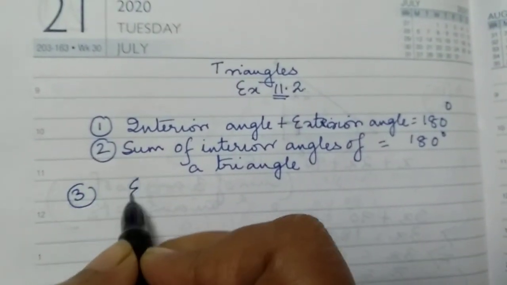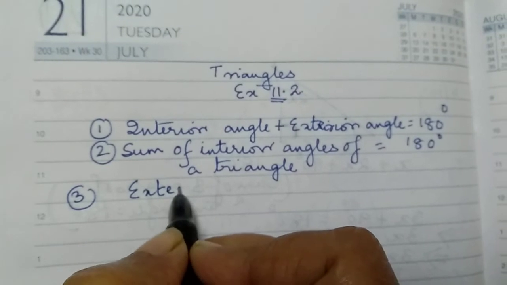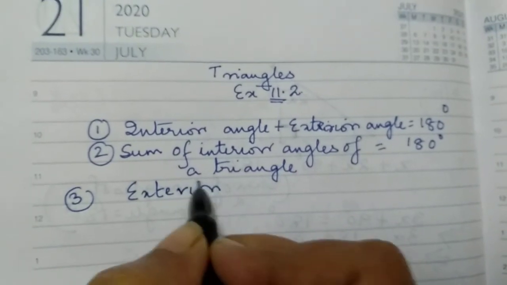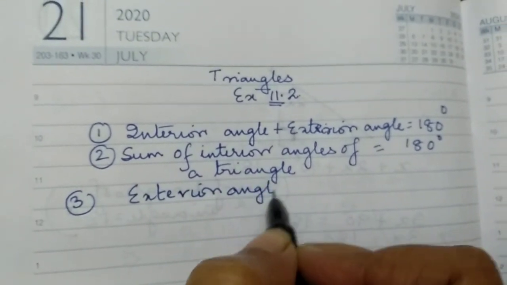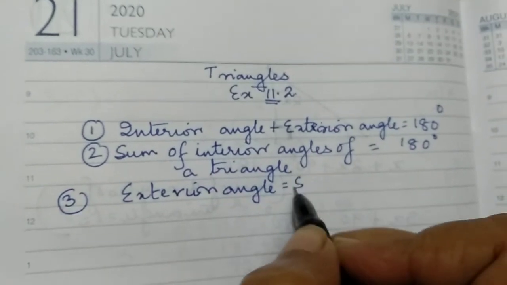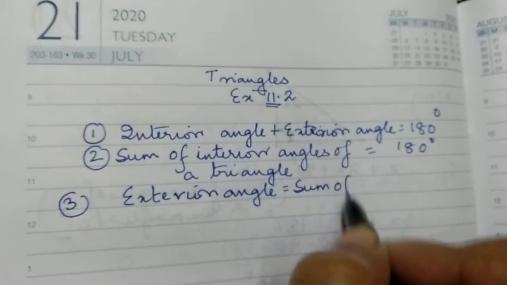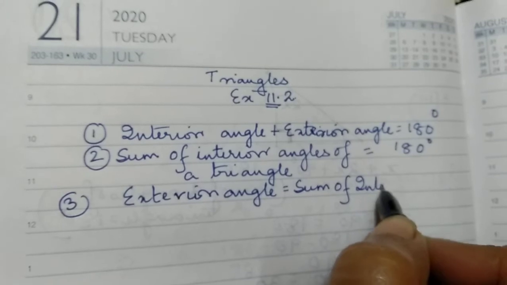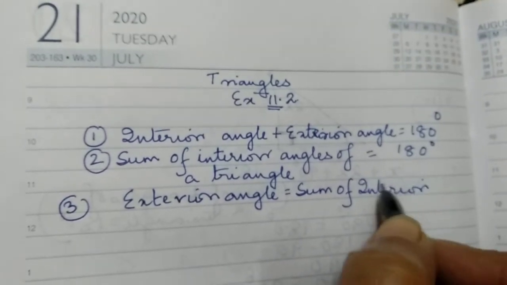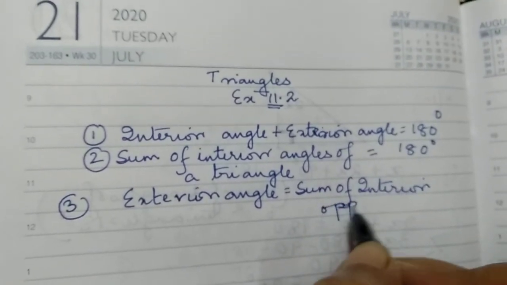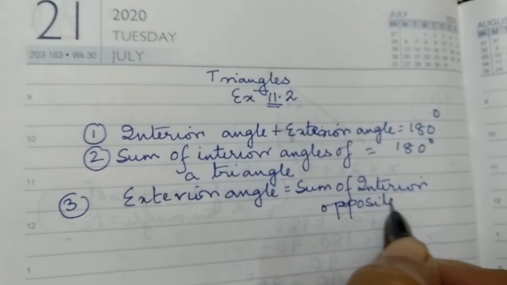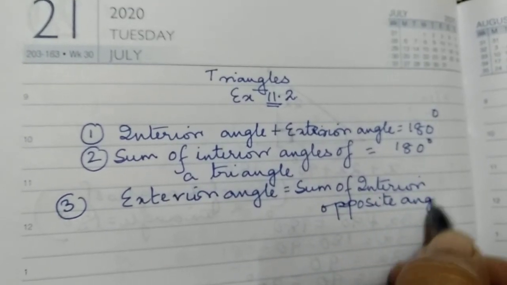Third, exterior angle is equal to sum of interior opposite angles.